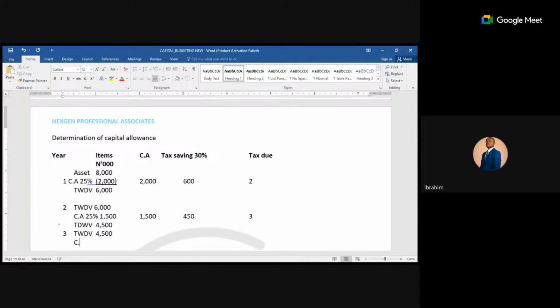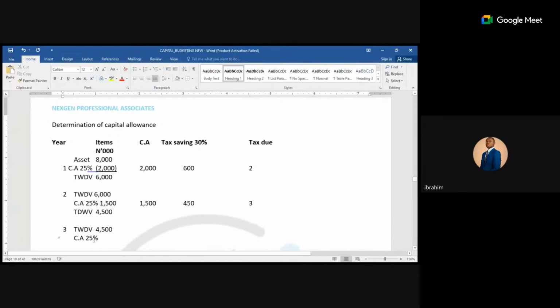The capital allowance at 25%, what is 25% of this? 1,125. So what is the tax savings? 337.5, so 338, to be due in year 4.